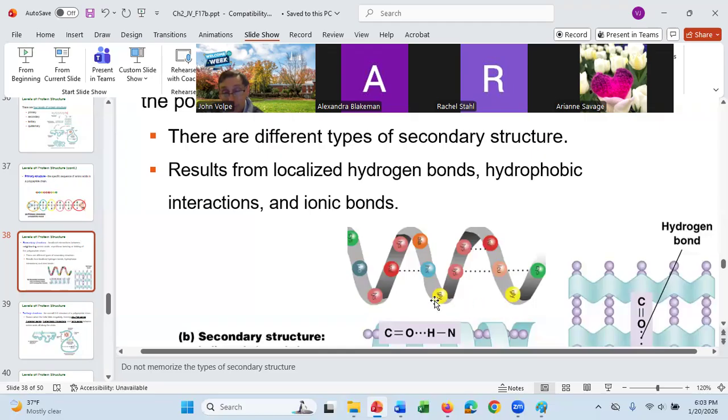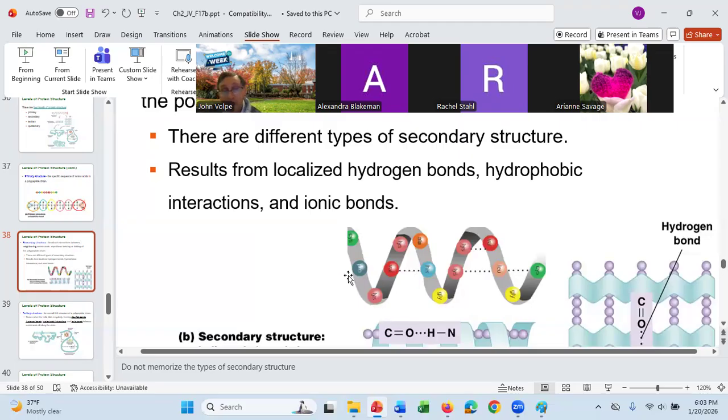Two positive charges are not going to want to be by each other. You can also have a repulsion if this is an ionic molecule or a polar molecule, and this is a nonpolar molecule or monomer, it will be repulsed from that polar monomer. That's a force of repulsion.